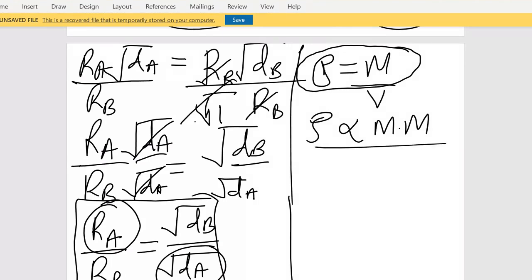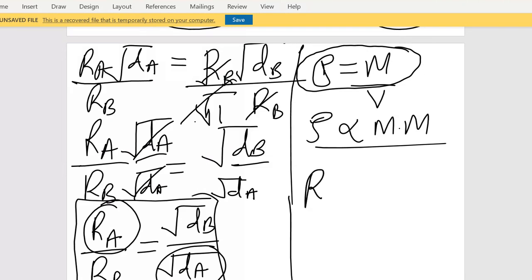Remember, here we are talking of molecular mass, and therefore in terms of Graham's law, we can be talking of rate of diffusion being directly proportional to the square root of molecular mass.